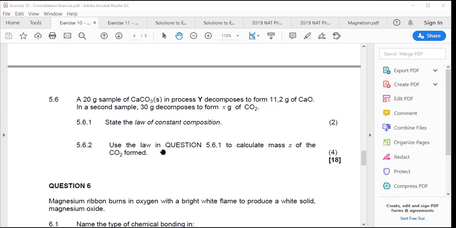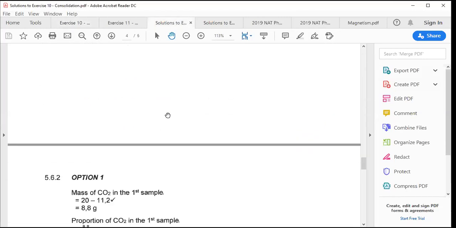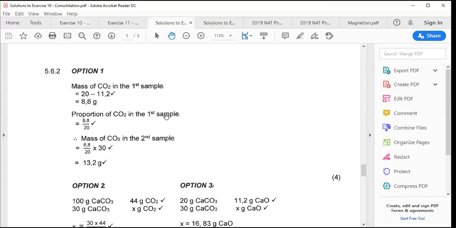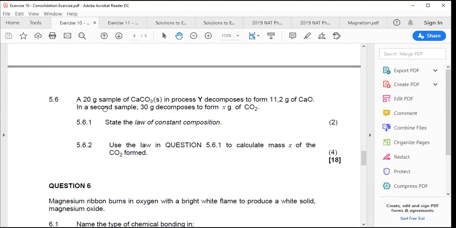Then the second one: use the law in question 5.6.1 to calculate mass X of the carbon dioxide that is formed. All right, so let's look at the solution here. Initially, we've got a 20-gram sample of calcium carbonate, and it breaks down to 11.2 grams of calcium oxide.